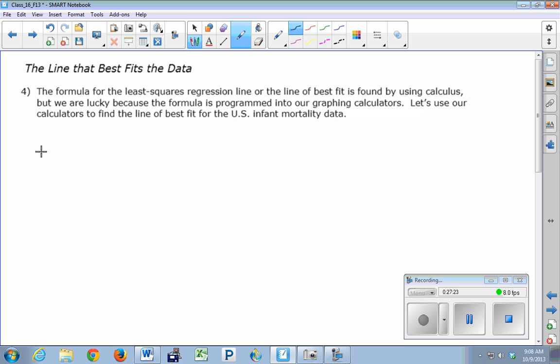Okay, so now how do we actually calculate it? We started this lecture by saying we've already used a model to look at the cost of tuition for U.S. colleges. From the very first day of class, we had this linear model: Y equals 385x plus 3129, where Y was the cost to attend a U.S. public college and X was the year.